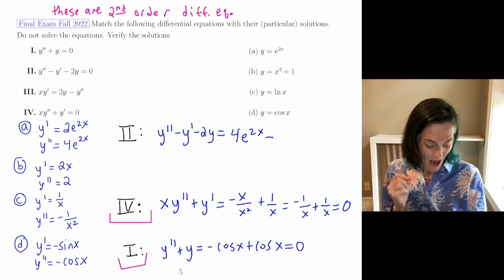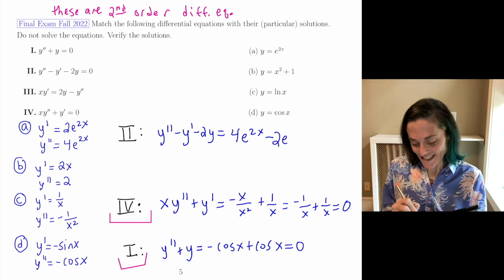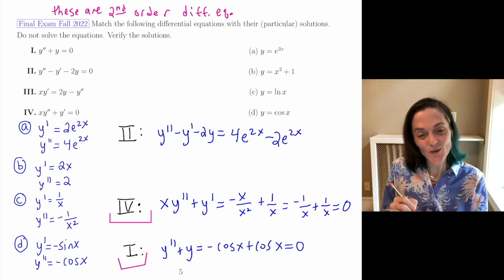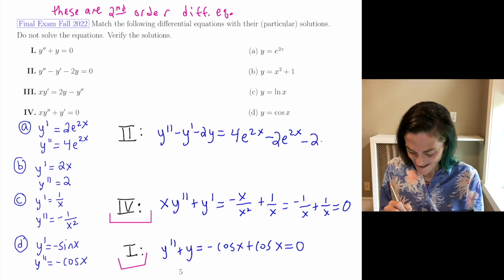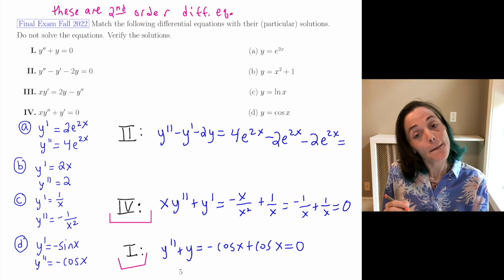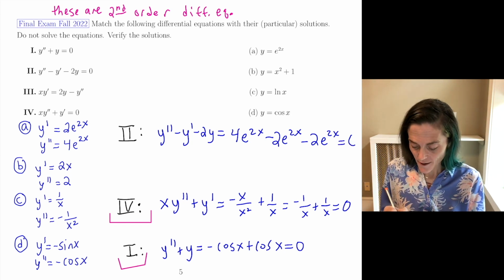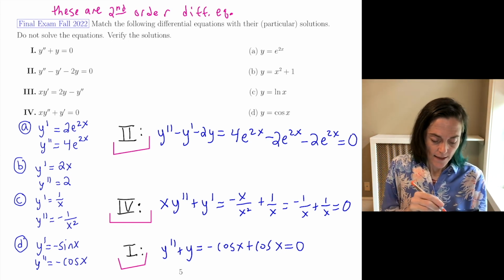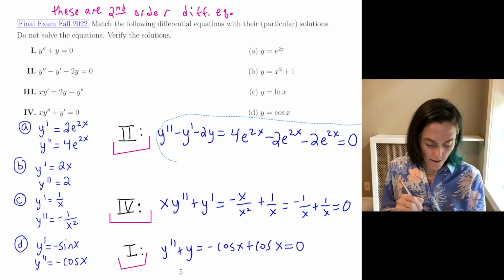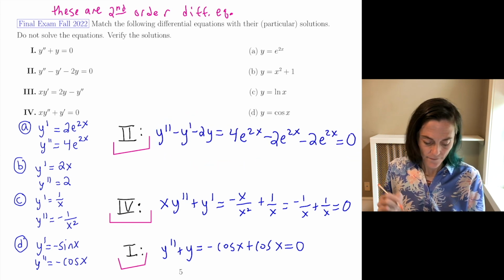Y prime is 2 e to the 2x. 2y is 2 e to the 2x. You see, we have 4 e to the 2x minus 4 e to the 2x, which is 0. So this is wonderful. We have found that 2 has solution letter A.